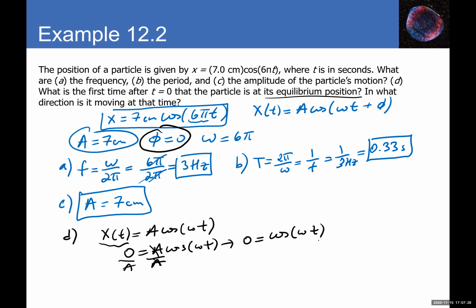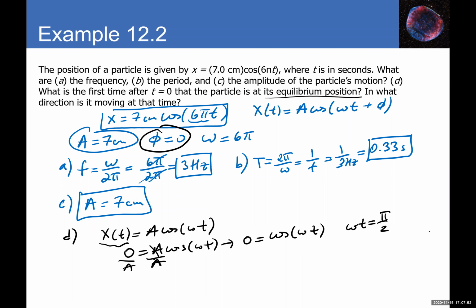All right, that means cosine omega t equals zero. Now, when is the cosine of some argument equal to zero? Well, clearly when omega t equals pi over 2, then it is zero. If I replace omega t with pi over 2, it is basically zero.